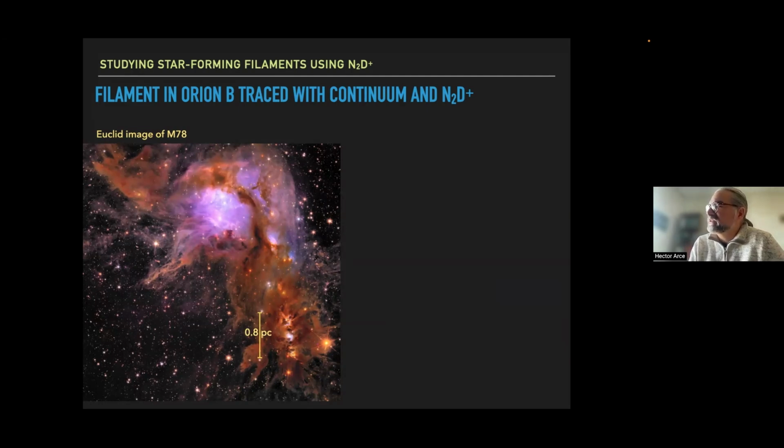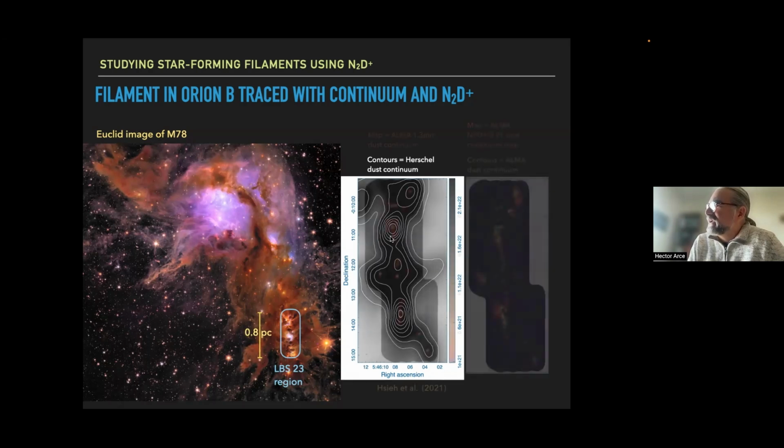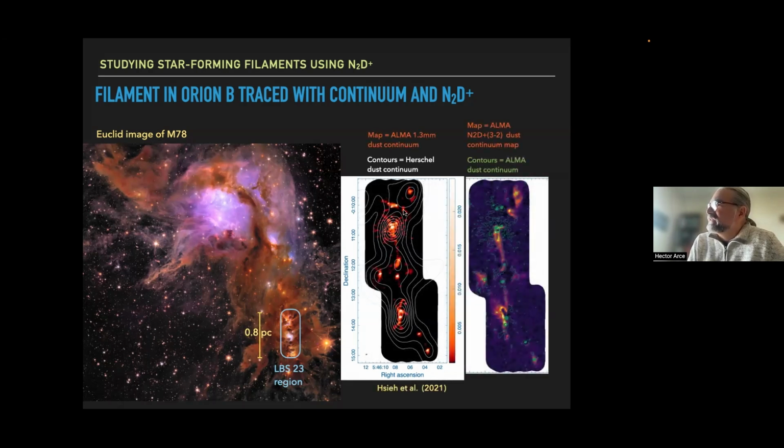It's a filamentary structure, which is seen here in continuum emission, again, emission from the dust. The resolution is not great because it's Herschel with a 15 arc-second beam or so. But if we go with ALMA and observe it with ALMA, here's the dust continuum, and you can see the beam here.